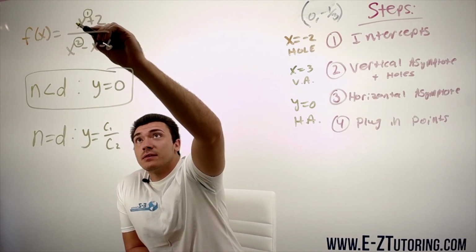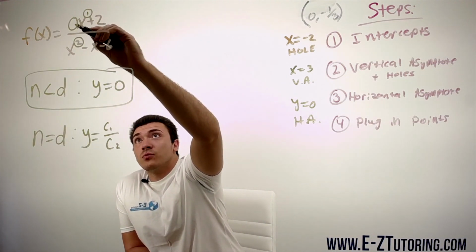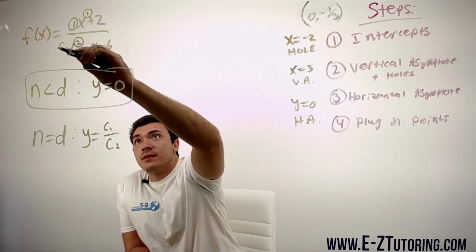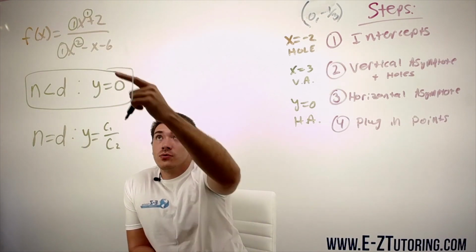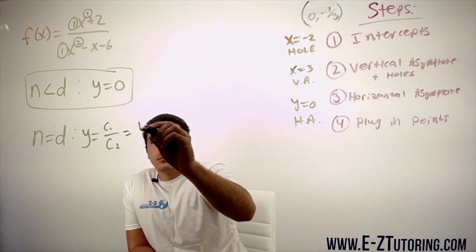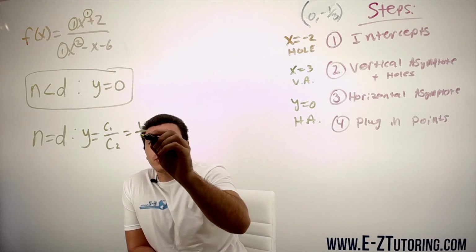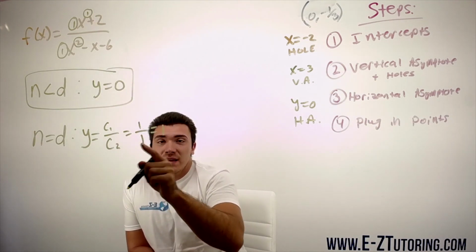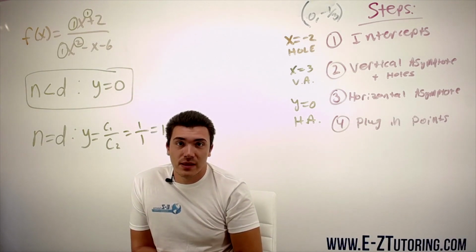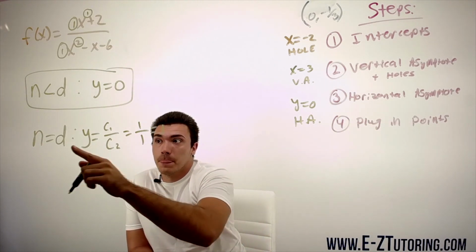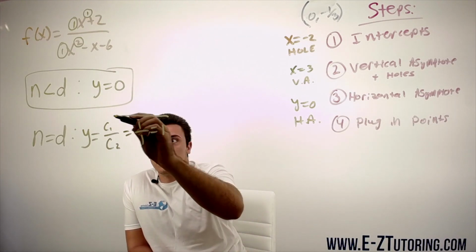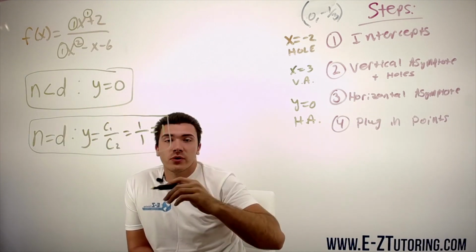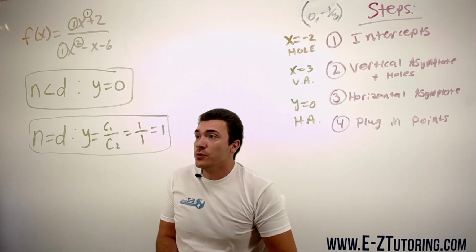So in this case, you take this coefficient, which is 1, and this coefficient, which is 1. And you do the top coefficient over the bottom coefficient, and you get that y equals 1 is your horizontal asymptote if this is true. In this case, that is not true. But for other problems where it is true, I would like you guys to know this rule.